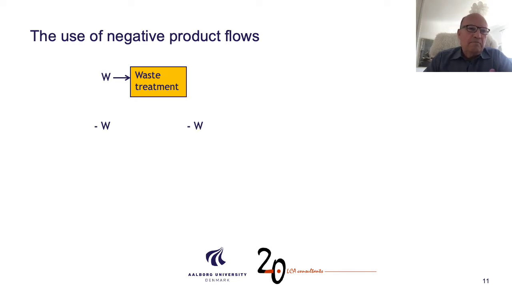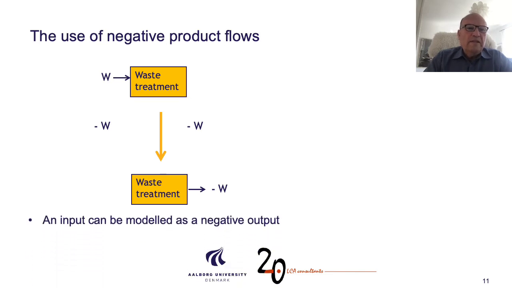But you could say, put a minus sign on both sides of this activity, and the resulting activity would then have a minus W output. So we can say that an input can be modeled as a negative output. A minus W output is the same as an input to the waste treatment activity. You could also see the minus W as the determining product of the waste treatment. It's driving the waste treatment.